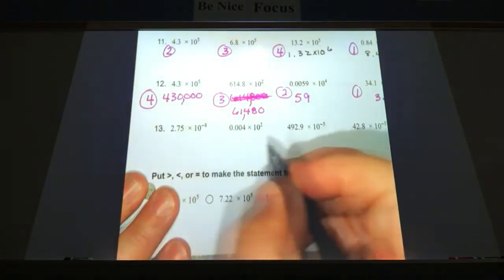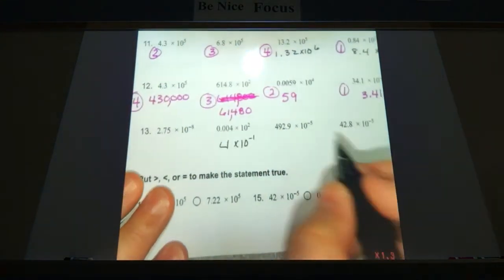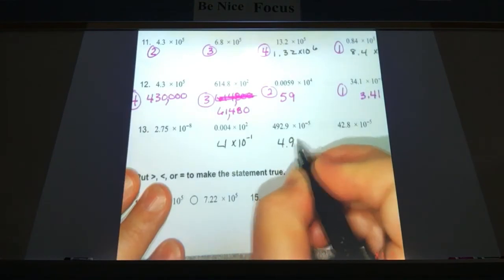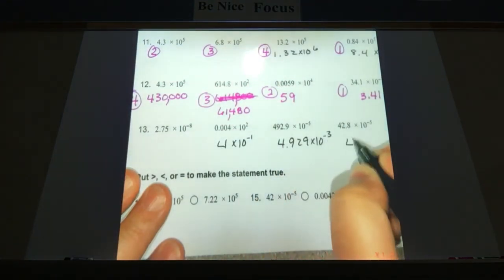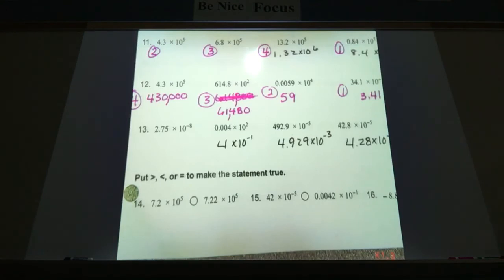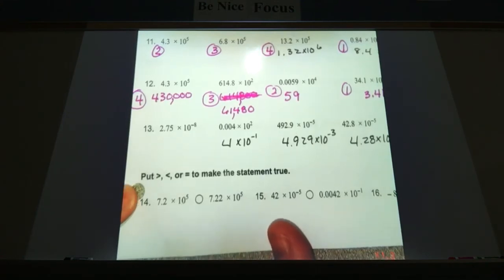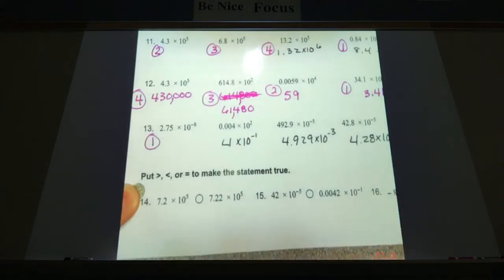This one's good. I'll put that one in scientific notation. I'm going to put this one in scientific notation. I'm going to put this one in scientific notation. And the last one already is. So, comparing exponents, this is my smallest one.